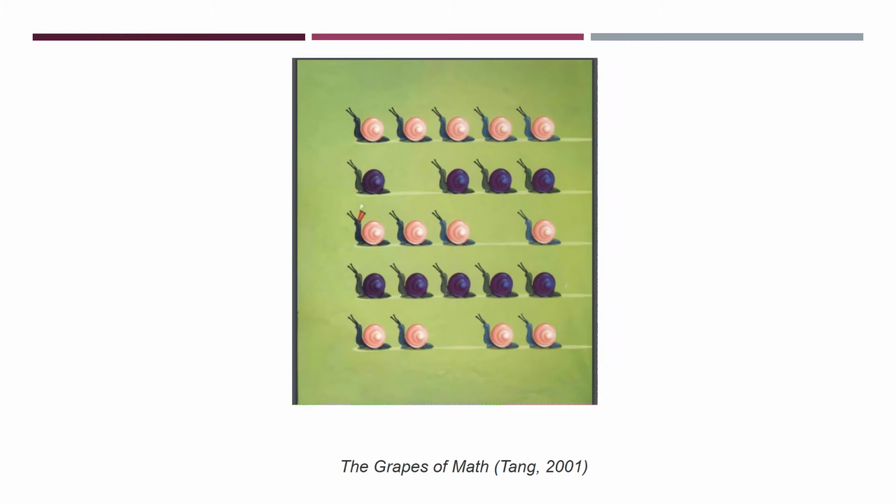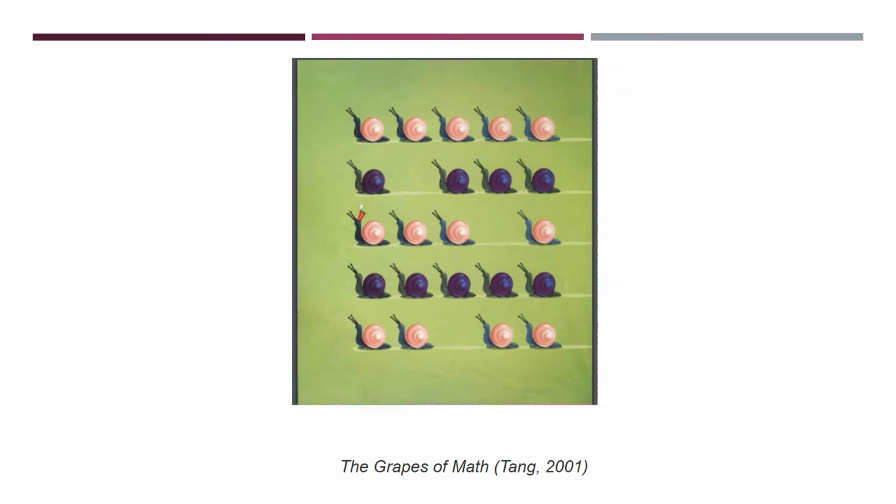Snail Parade. First, let's imagine the snails that might be in the rows that we see. The array we have is not complete of equal rows. We can complete an array by adding an imaginary snail.